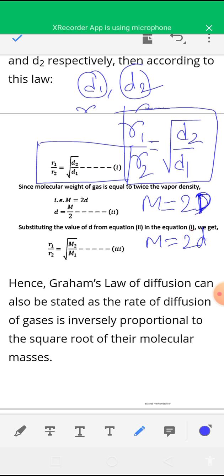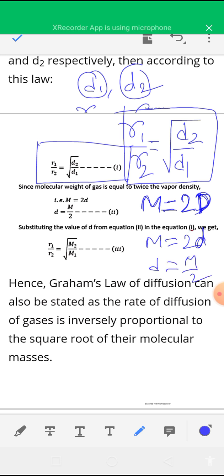The molecular weight of the gas is equal to 2 into its vapor density, and vapor density is directly proportional to its absolute density. So we can write M is equal to 2d, or d is equal to M by 2.